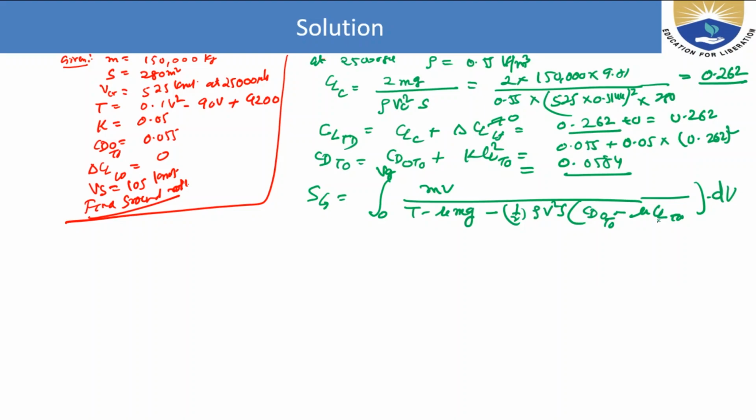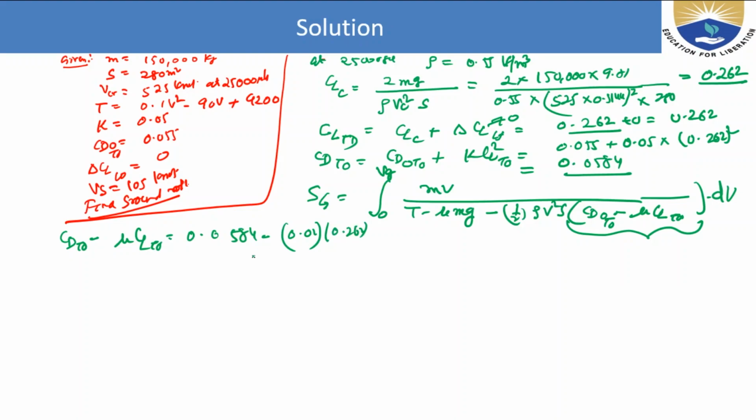From here we find CD naught takeoff minus mu CL takeoff: 0.0584 minus mu, which is 0.02 for the concrete, times 0.262 CL.